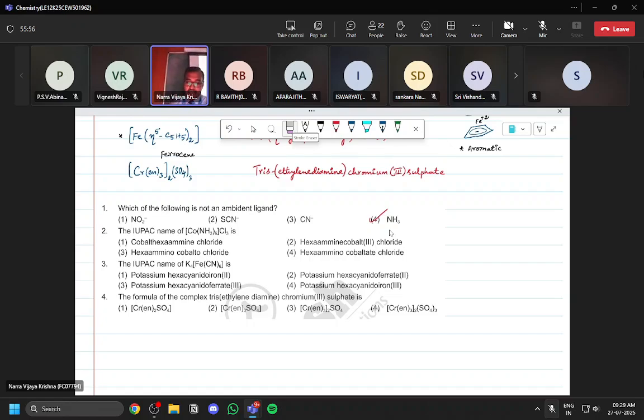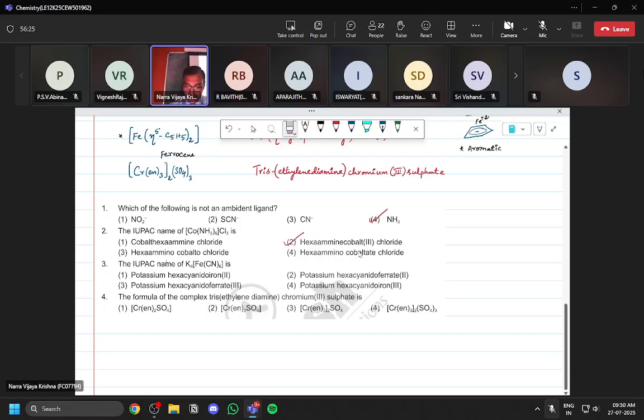Right? Now, what is the IUPAC name of this complex? Hexaamminecobalt(III) chloride. Correct? Here they gave amino, a neutral molecule, so we have to name it as ammine.